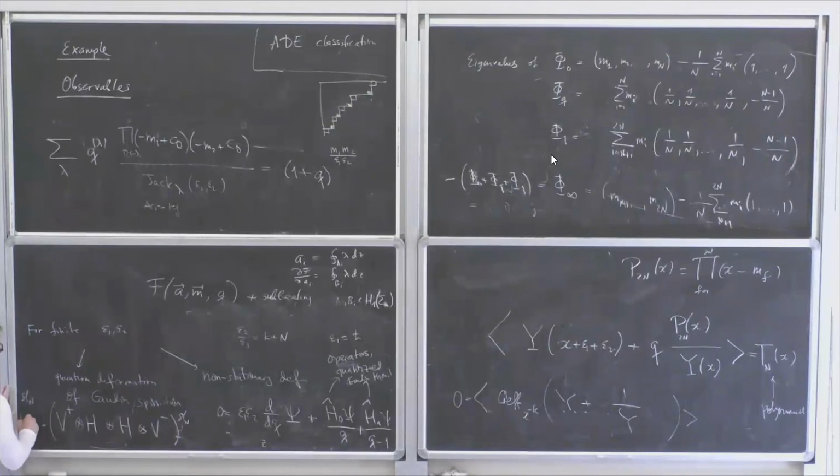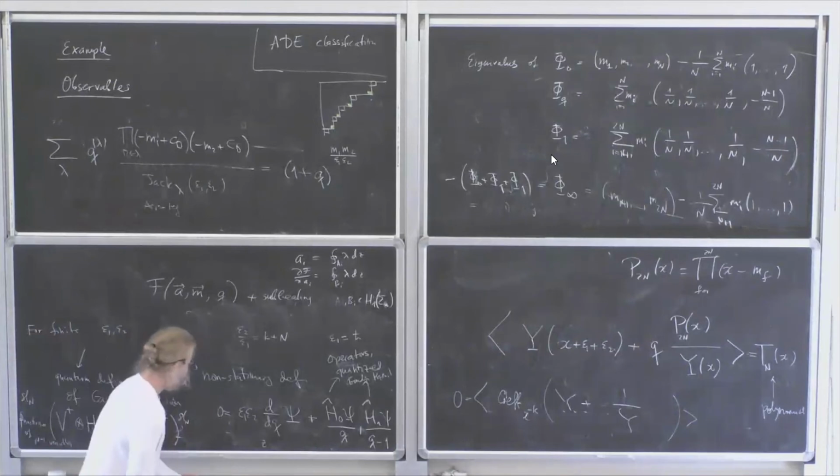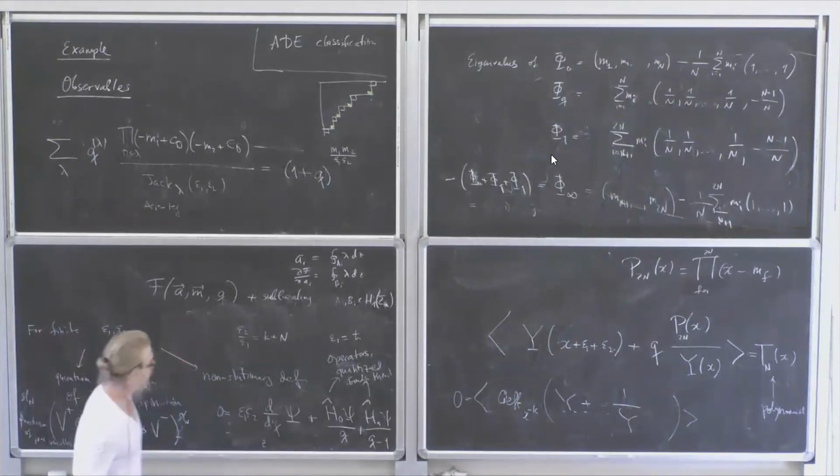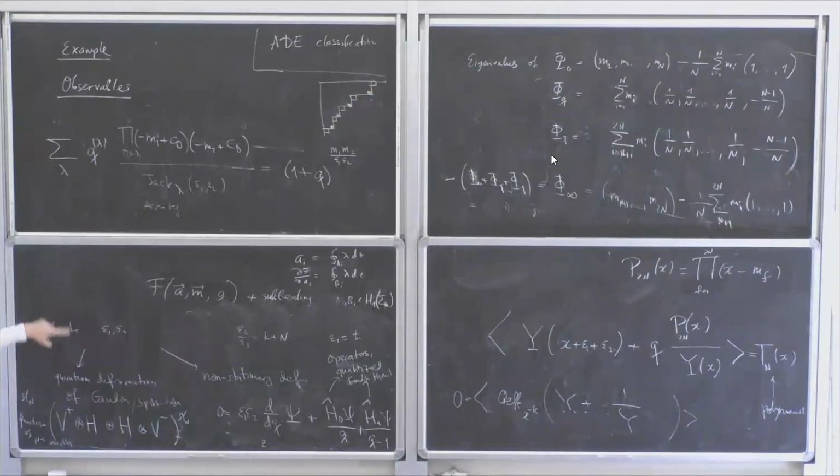It's a space of functions of n minus 1 variables. And so this is this observable psi, which you get as a sum over partitions.